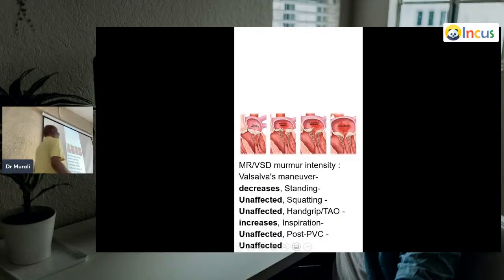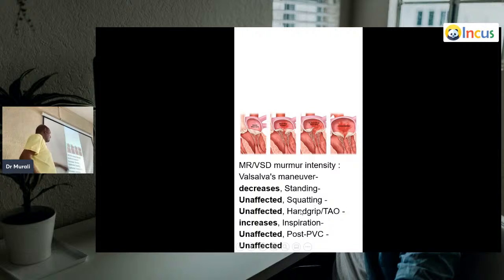Then comes VSD, mitral regurgitation. What happens to those murmurs? Valsalva maneuver, what is the effect of it on the chamber size? Decreased preload, decreased chamber size, decreased amount of blood in the ventricle chamber. So obviously the MR and VSD also will be lesser.